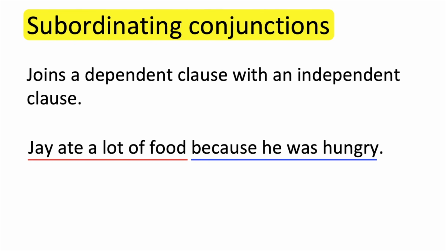So it tells us why he ate a lot of food. So because the independent clause is first, then followed by the dependent clause, we don't need to put a comma between the two. As you can see, the subordinating conjunction because is used to join the two clauses.